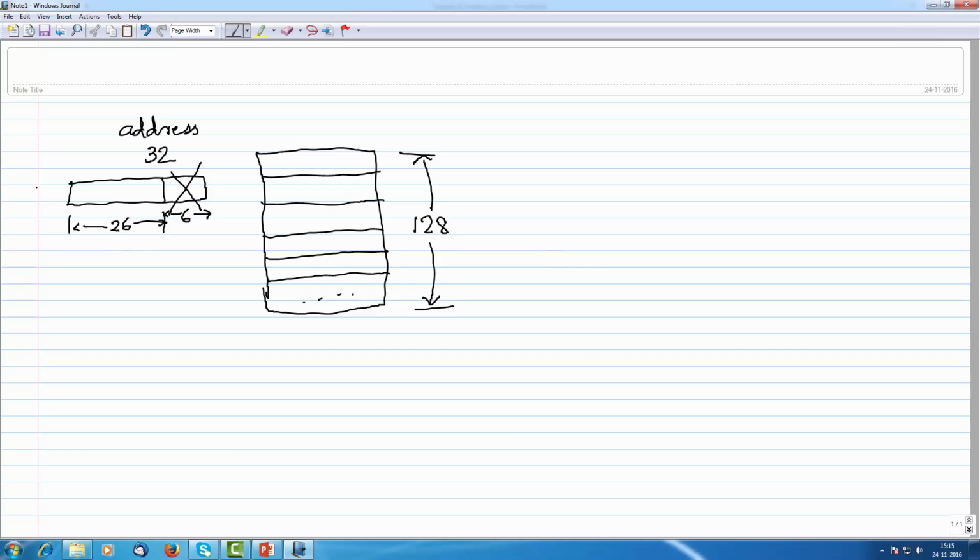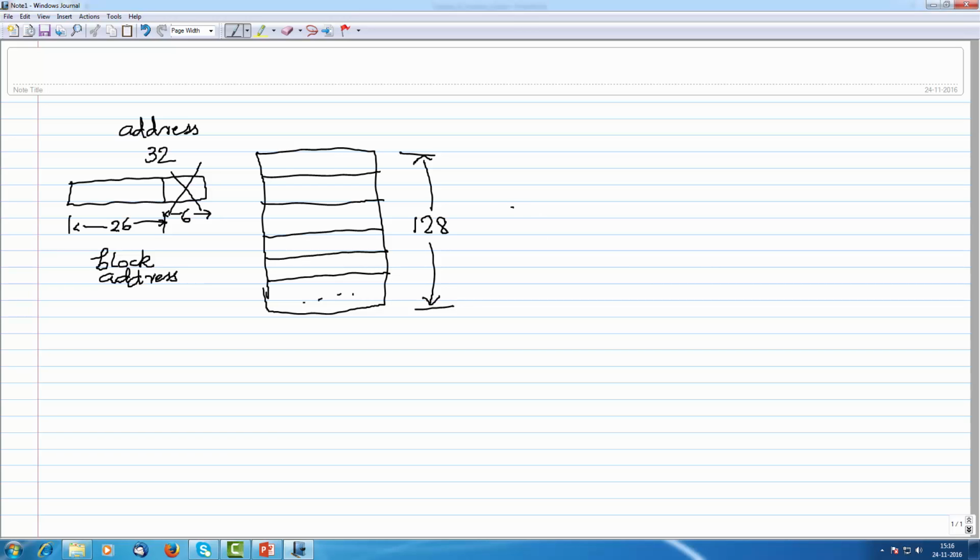All right. So this part is the block address, the 26 bits. And what we need to do is find out which entry out of these 128 corresponds to the block address, which is represented by these 26 bits.